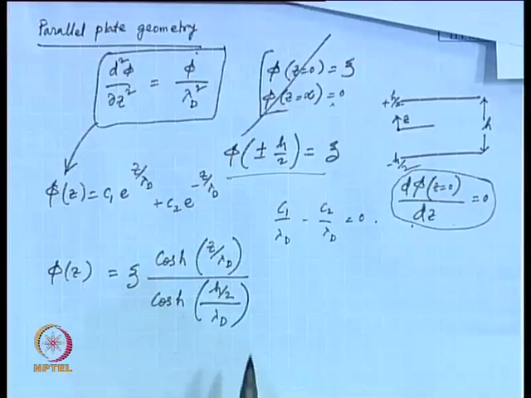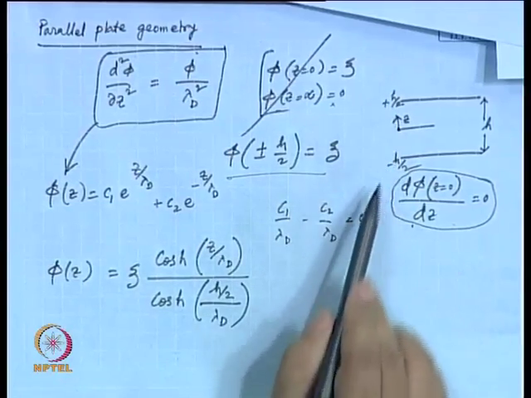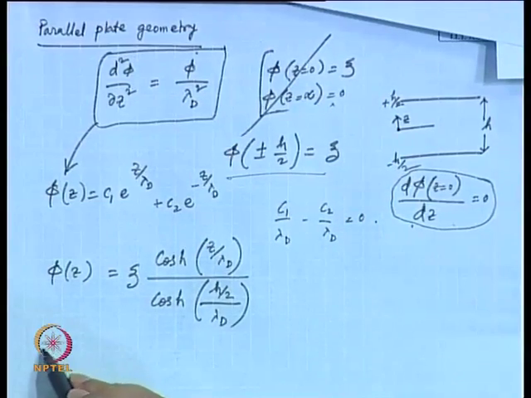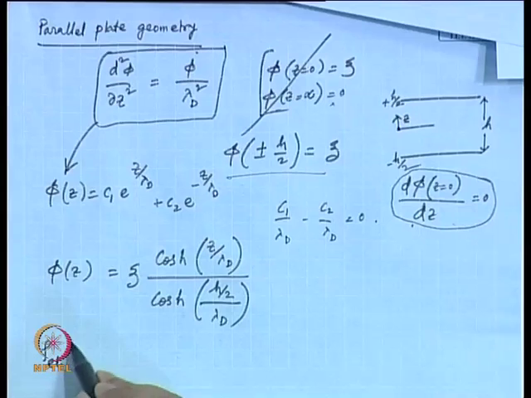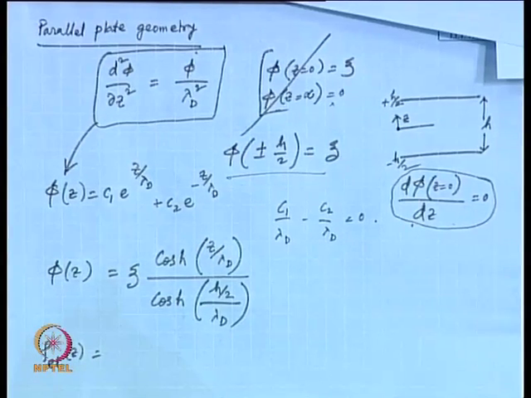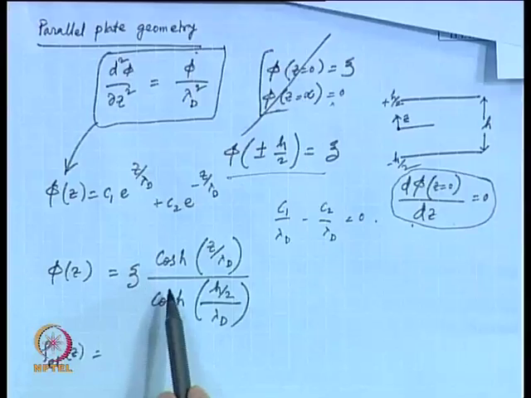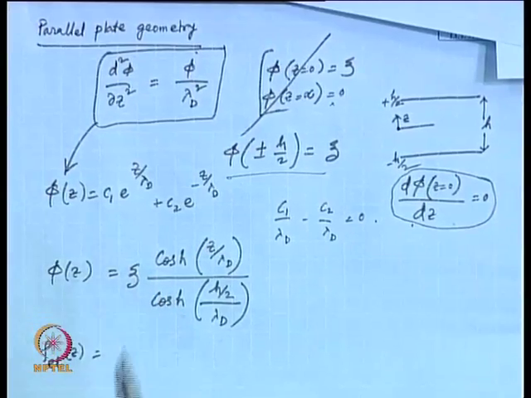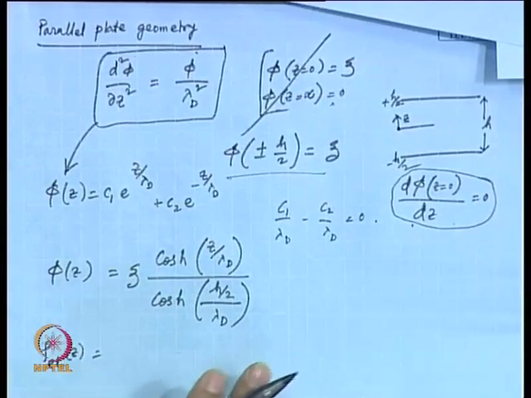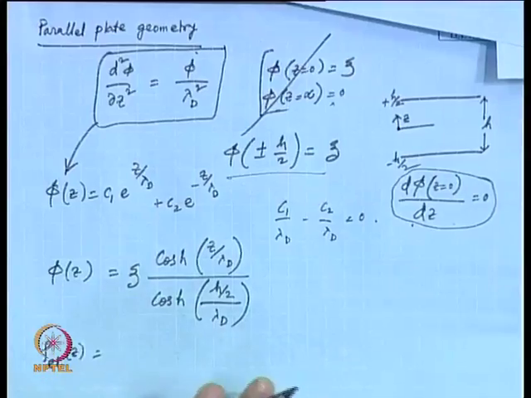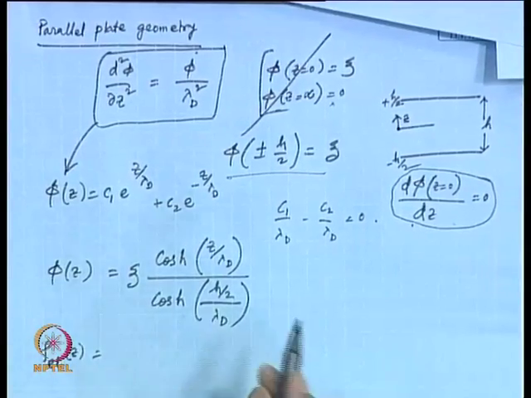Z starts from the center and goes up there. Similarly, you will get an expression for rho E L. So, this is what you get as a new one. What did we have when we had just one single plate and we were considering z running from 0 at the wall to infinity? That time, what was the phi z?